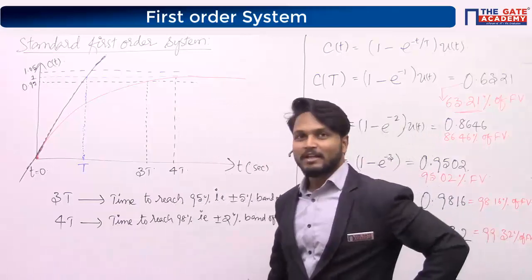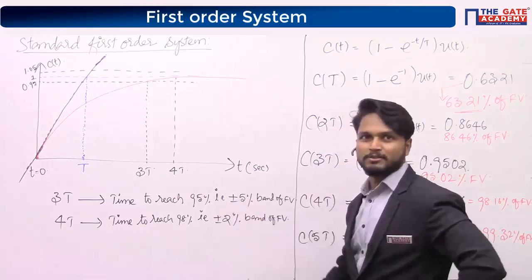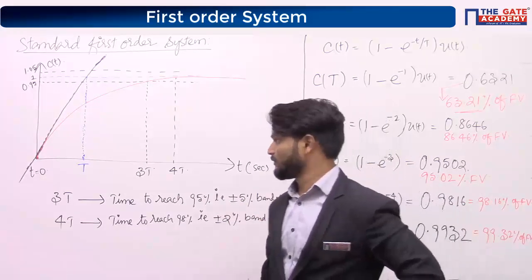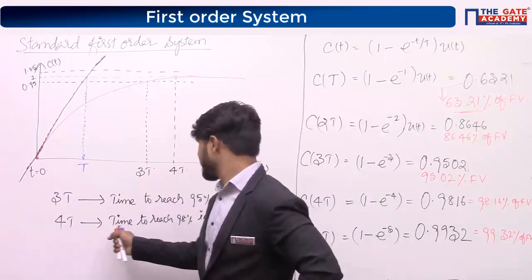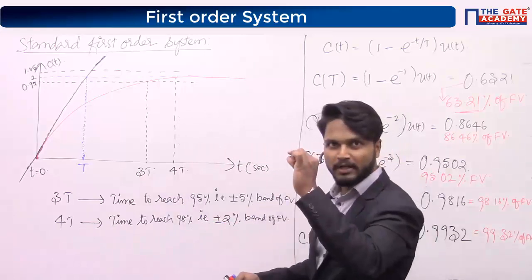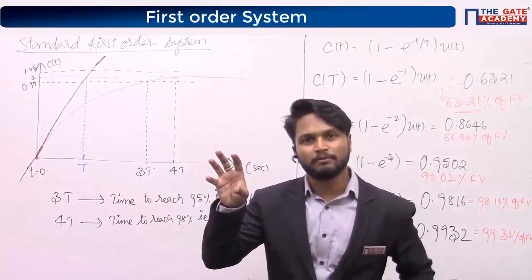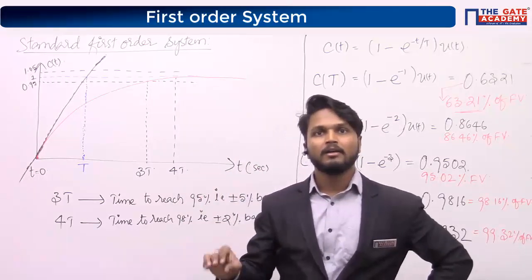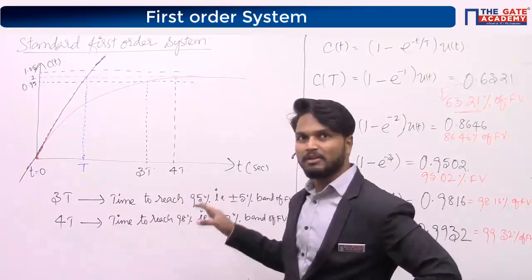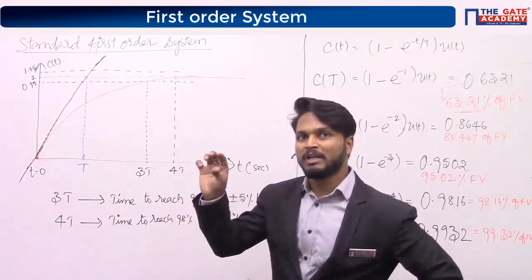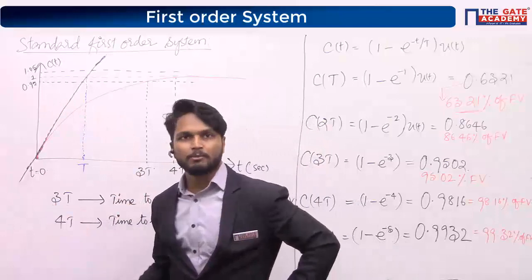So, see here. The time taken by the system to reach plus or minus 5% of final value, how much is that? It is 3T, right? And the time taken by the system to reach the plus or minus 2% band of final value is 4T. What we are assuming is that 5% error in the output is acceptable. So even if 5% error is there, we assume that our system has settled to its final value at 3 times the time constant.